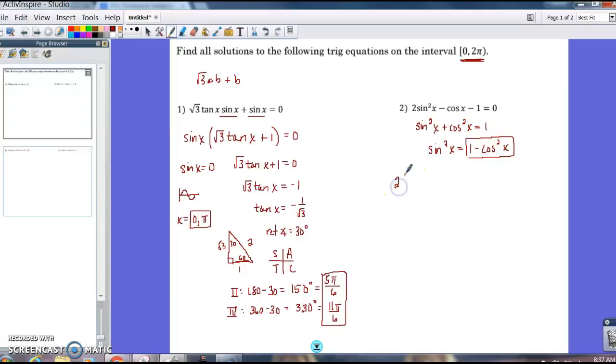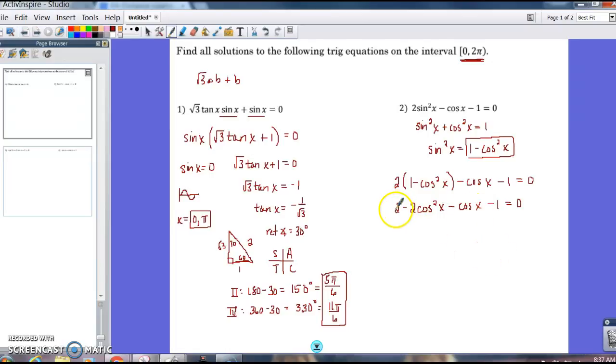So I've got 2 times 1 minus cosine squared x minus cosine x minus 1 is 0. And if I go ahead and distribute, that gives me 2 minus 2 cosine squared x minus cosine x minus 1 is equal to 0.